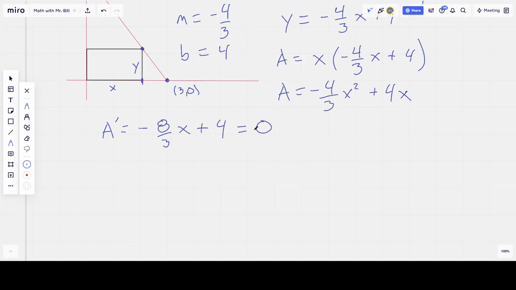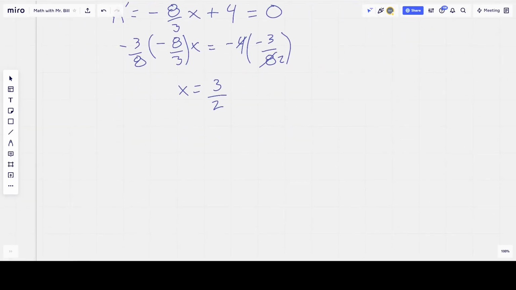Let's set that equal to 0 and solve. I get negative 8/3 x equals negative 4, and then multiply both sides by negative 3/8. The 8 and the 4 reduce, and so we get x equals 3/2. That's the x value that gives me my critical point.